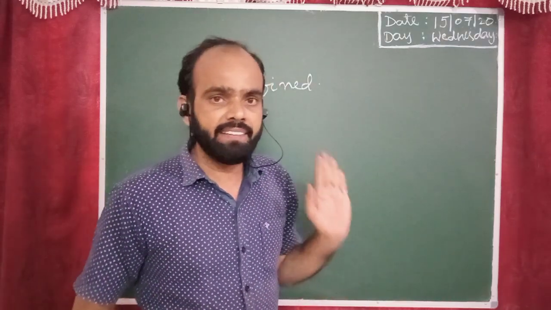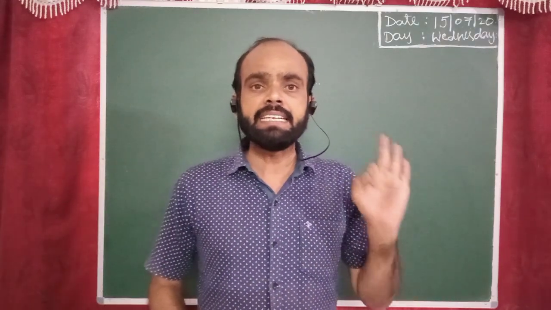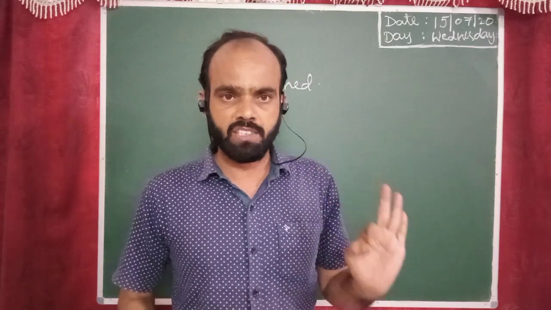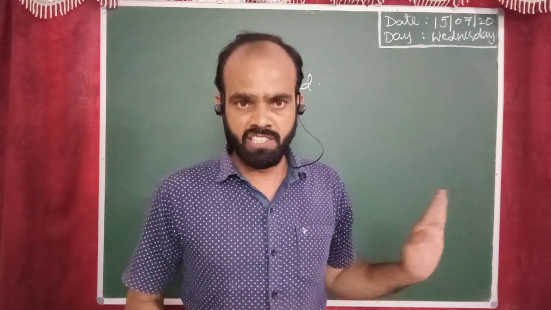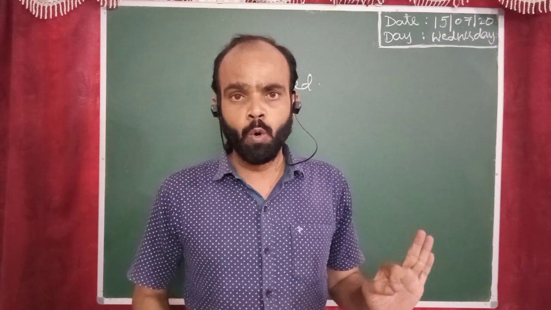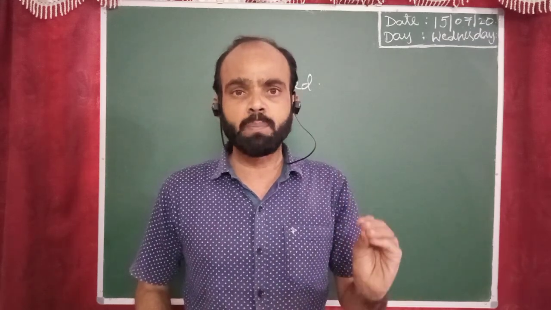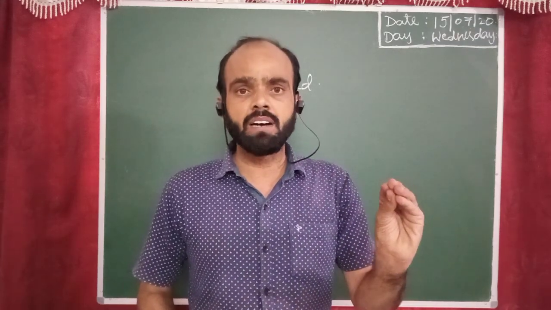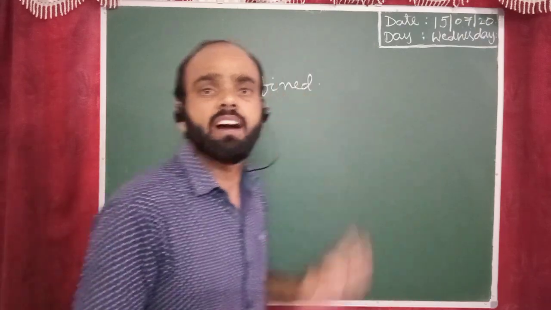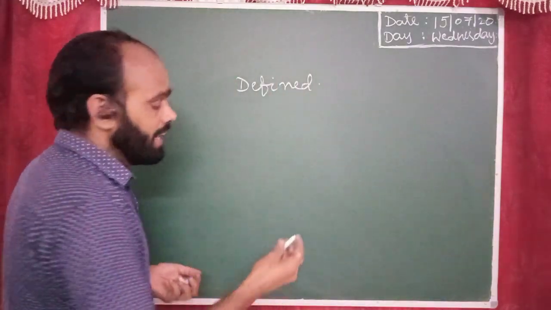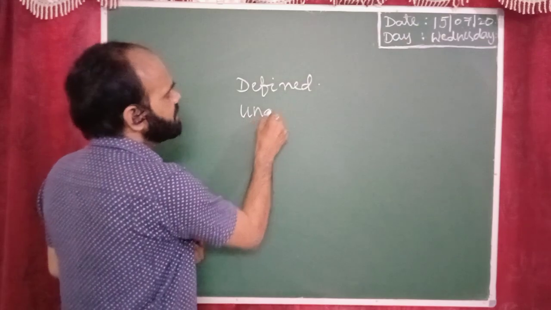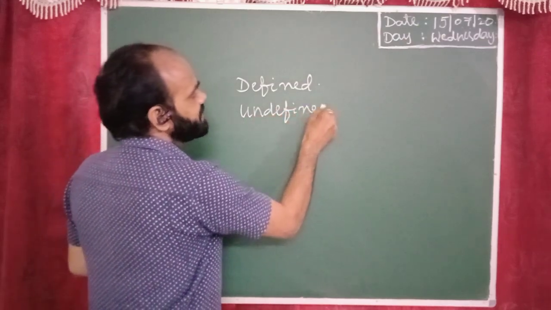What is the meaning of a definition? A standard, general, universal structure which need not be changed at all. Across the globe, we can use the same expression to present or to describe something, what we call defined terms. And the second one is undefined.